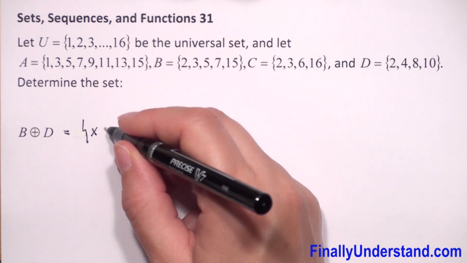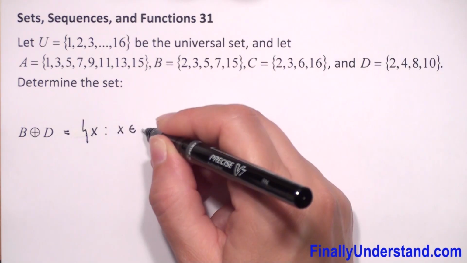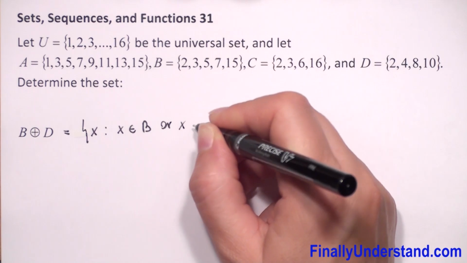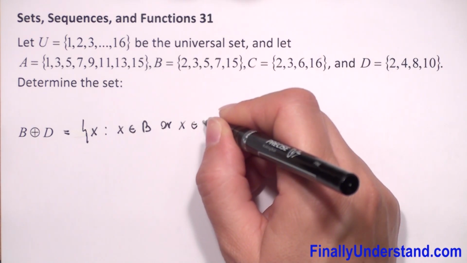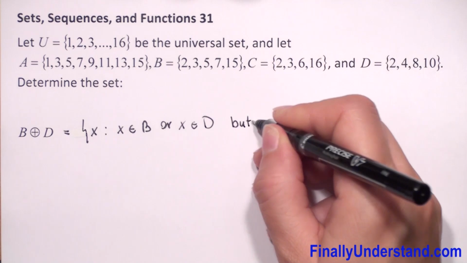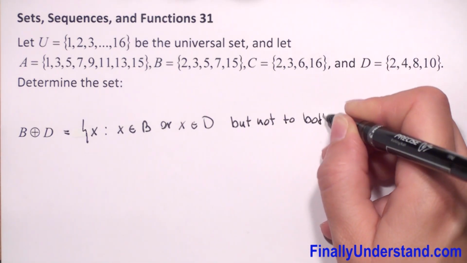So let me write this: all elements such that X belongs to B or X belongs to D but not to both.